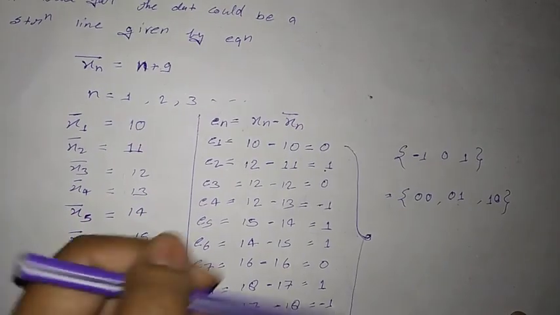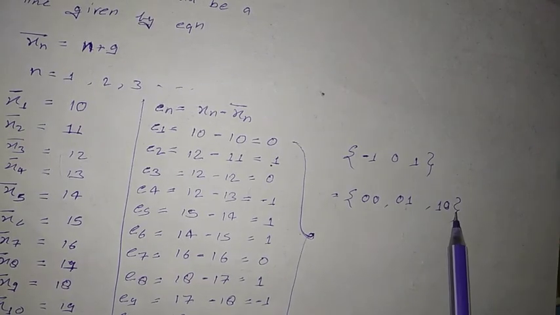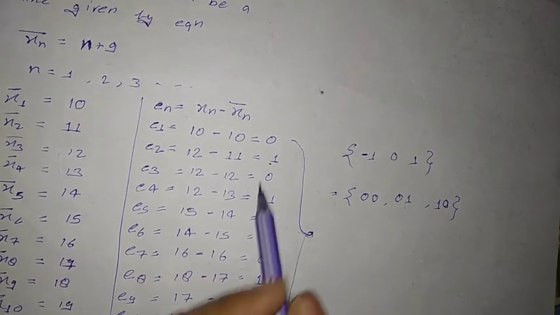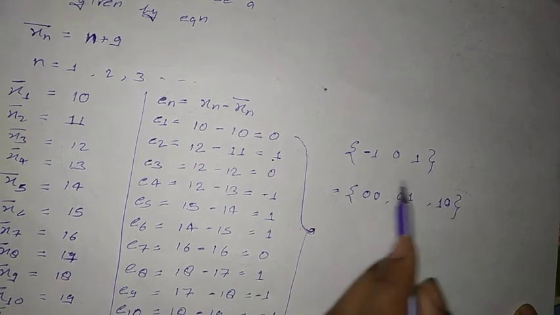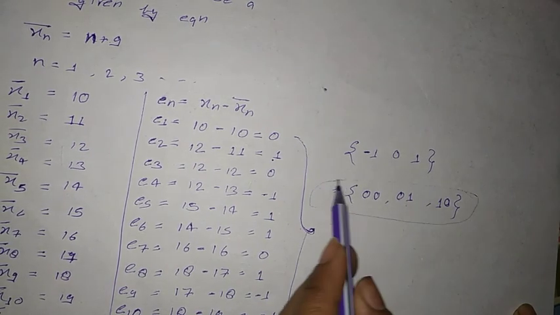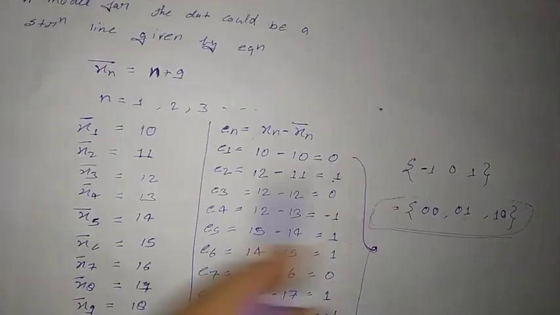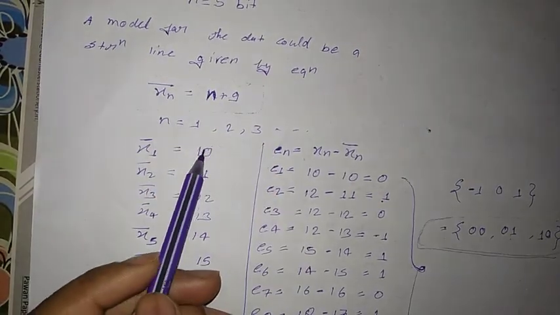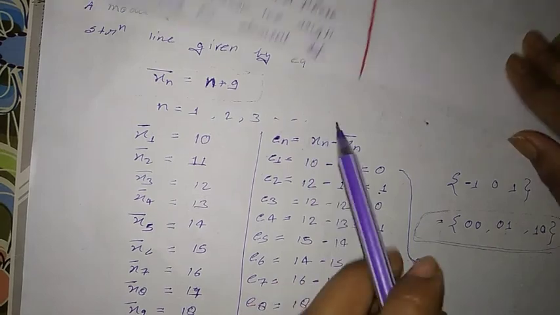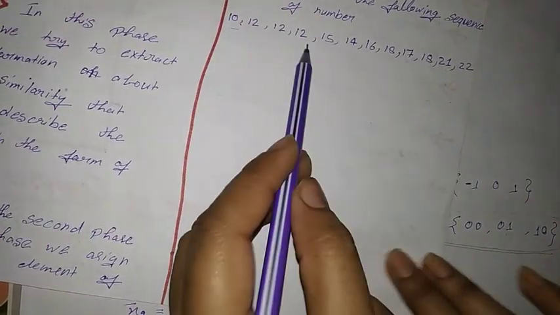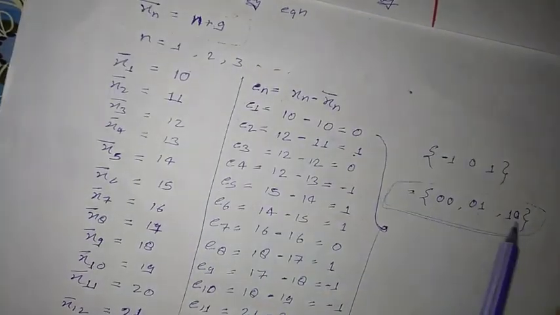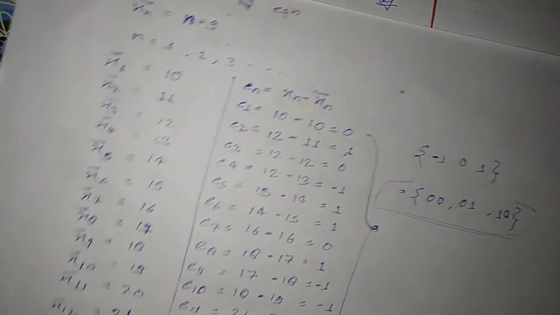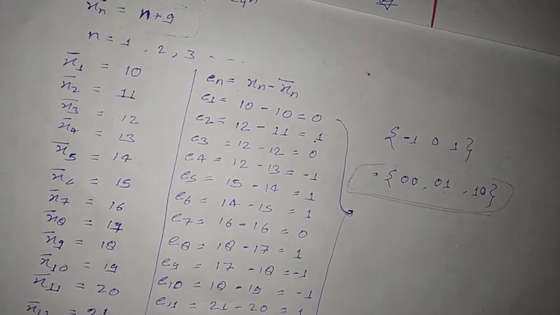This process is known as coding, and this is known as modeling of the given data. For the given data, modeling is this and coding is this. I hope you understand. Bye.